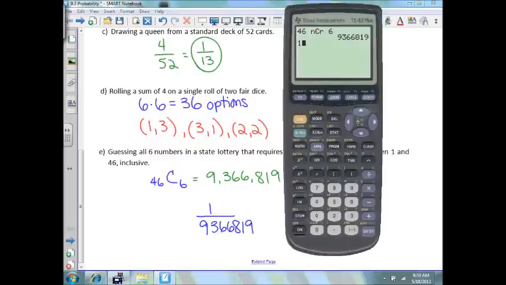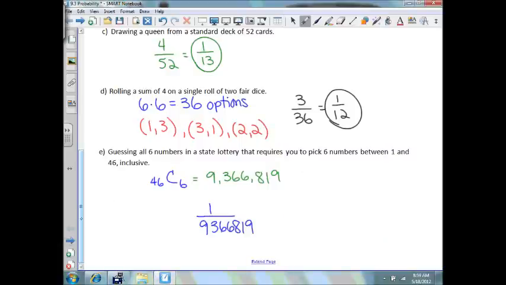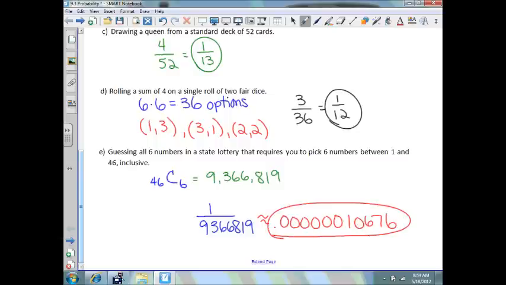So do 1 divided by this answer, about 0.00, let's see here. So there's your odds of winning the lottery.